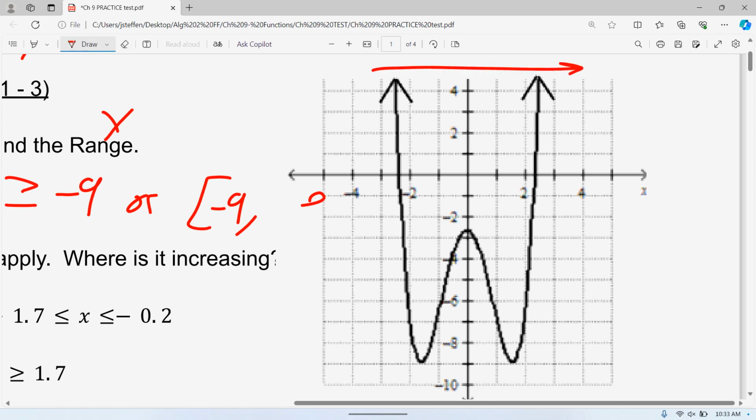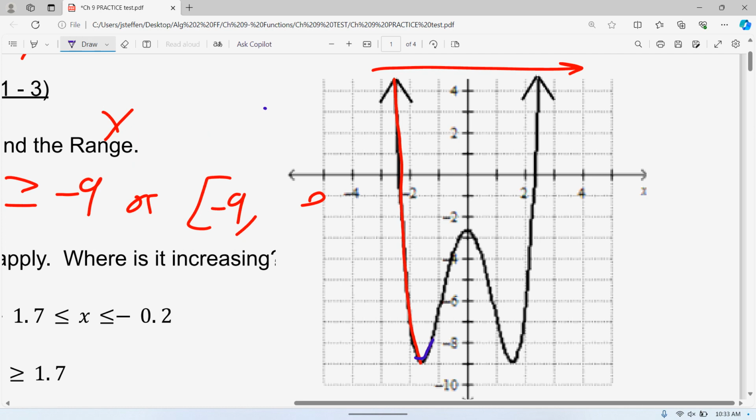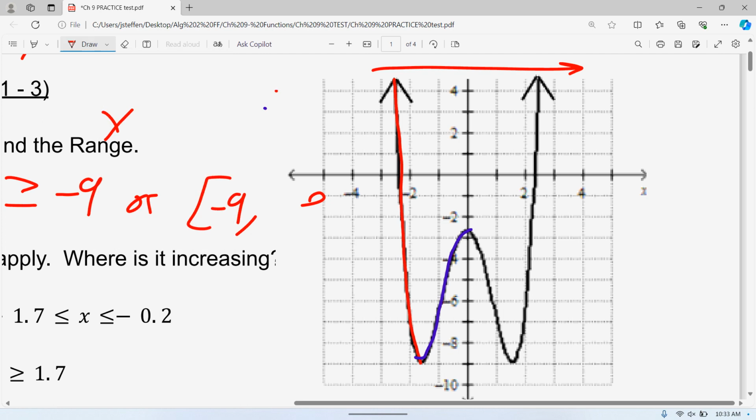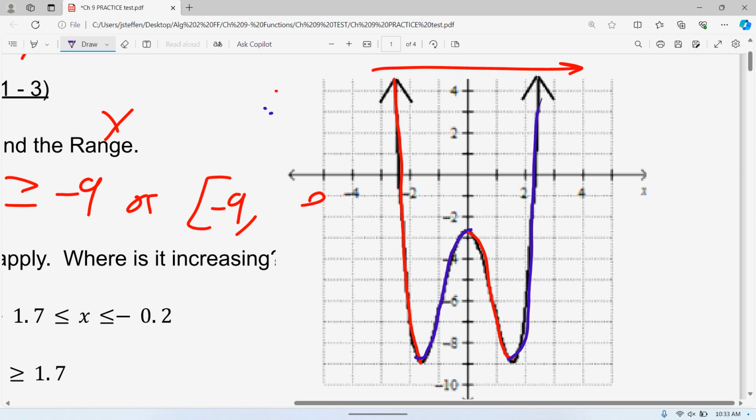We start up, and it's going down, down, down, it's decreasing until here, and then all of a sudden it turns around and starts coming up, so now it's increasing here. Then it gets to this high point, stops, turns around, starts decreasing again until it gets to that low point, and all of a sudden it turns around and starts increasing again. So where is it increasing? Between here and here, and between here and infinity.